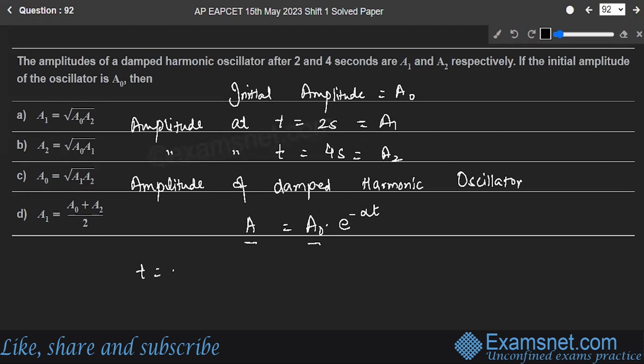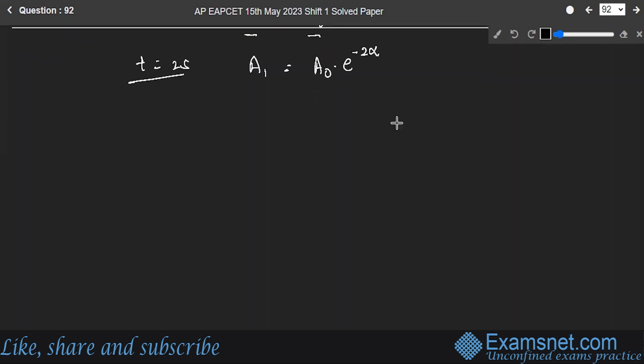So at time t equal to 2 seconds, A1 is equal to A naught into E power minus 2 alpha, right? So A1 upon A naught is given by e raised to power minus 2 alpha. Now at time 4 seconds, you have A2 is equal to A naught into this.